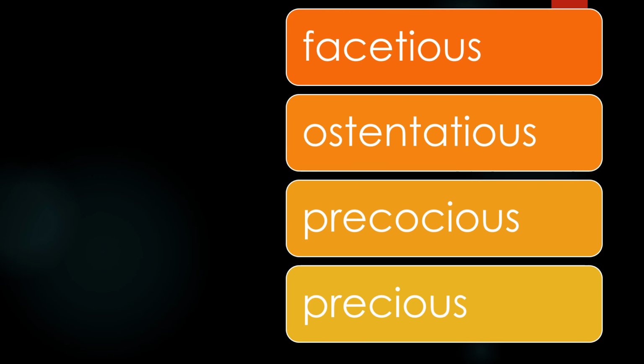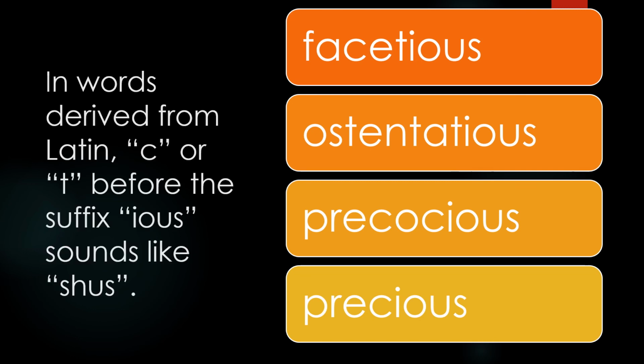Facetious, ostentatious, precocious, precious. Hey, what's the spelling pattern here? In words derived from Latin, C or T before the suffix ious sounds like shus. Now, this ious suffix literally means full of, or something that characterizes this. So you have T-I-O-U-S, facetious, shus.